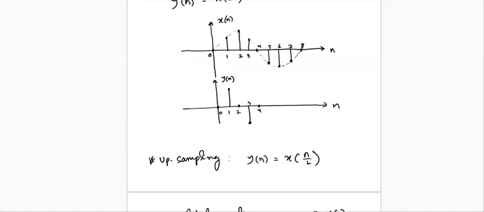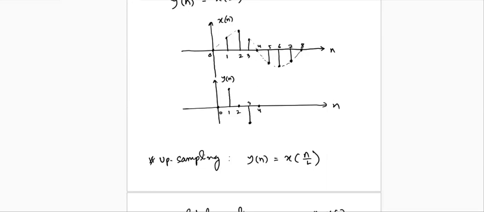For practical purposes, this is very important when we talk about multi-rate signal processing in your higher studies, like in your masters or somewhere else. You may have heard about multi-rate signal processing. There you need to change the sampling frequency within the period of your signal.